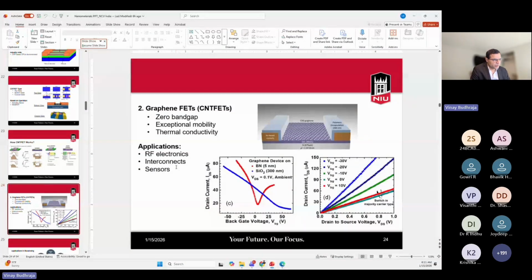Next category of carbon nanomaterial based FETs is graphene. Graphene FET is a 2D material, and it has its own advantages like zero band gap, exceptional mobility, and thermal conductivity. This is being used in RF electronics, interconnects and sensor based applications.